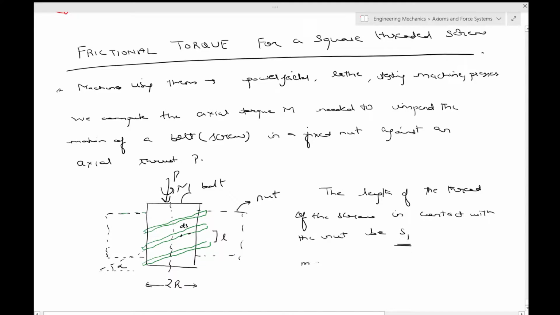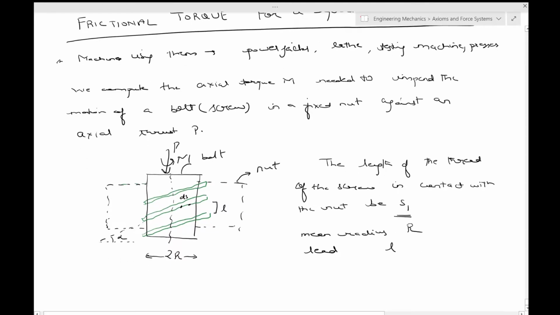Mean radius is capital R, and the lead is L. This is the separation between two threads. Alpha is the so-called helix angle.